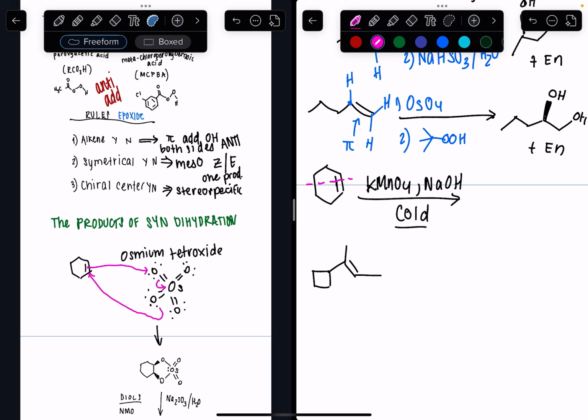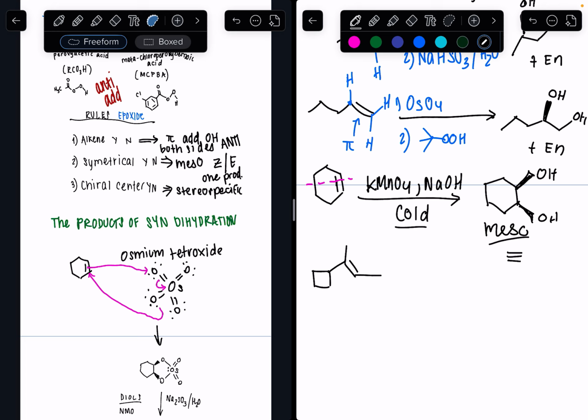Here we have a plane of symmetry in our meso product, so we will get a meso product because we're adding on each side of the pi bond. And it's that simple, right? And there's no enantiomer because it's going to equal the same thing as if we had this.